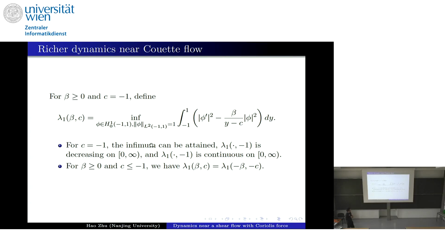And we can show that the minimum can be attained by a finite number. The main reason is that although there is a singularity here for c equal to -1, there is a Dirichlet boundary condition, so the singularity can cancel. And this is the reason why the infimum can be attained here by a finite number.